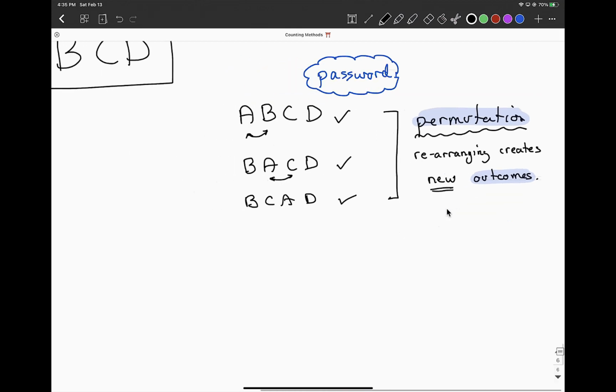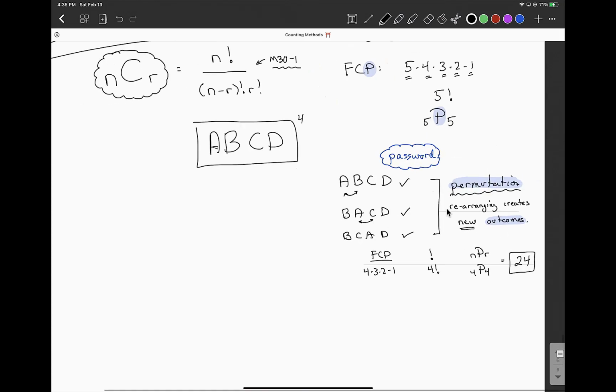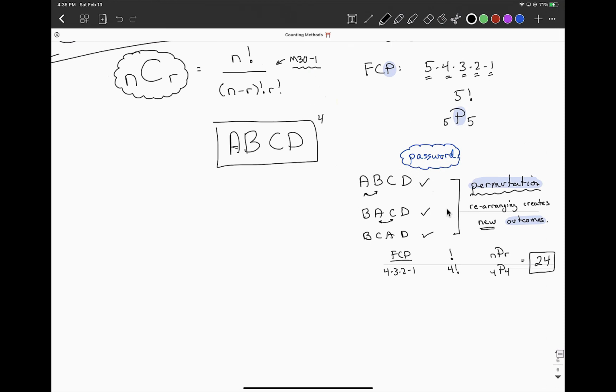And that is where you could use the counting principle, 4 times 3 times 2 times 1. You could use the factorial, 4 factorial, and you could use your permutation, known as 4P4, to come up with all of the codes possible. There are 24 different codes possible in that scenario.